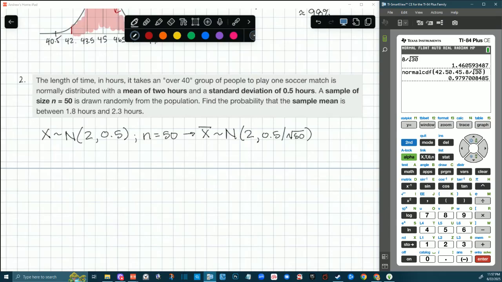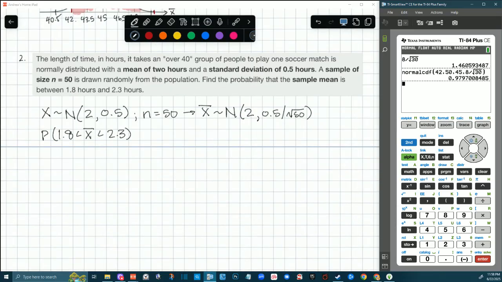And then they say, find the probability that the sample mean will be between 1.8 and 2.3. Again, notice the wording of the question.